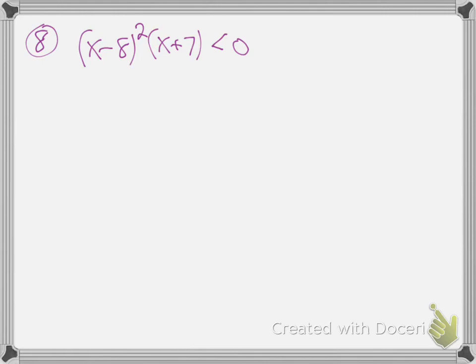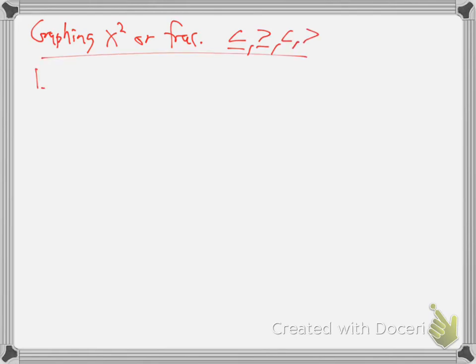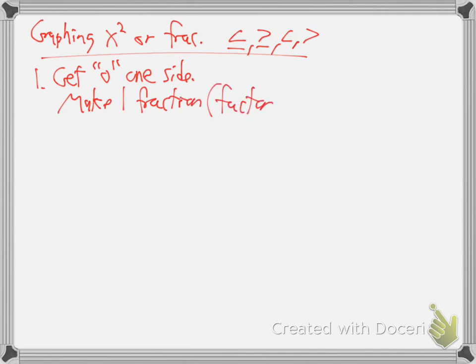Well, that's where the steps are. Let me real quickly write the steps up again. For graphing x squared or fractions with a greater than, less than kind of stuff, step number 1: get 0 on one side, make one fraction and factor everything.